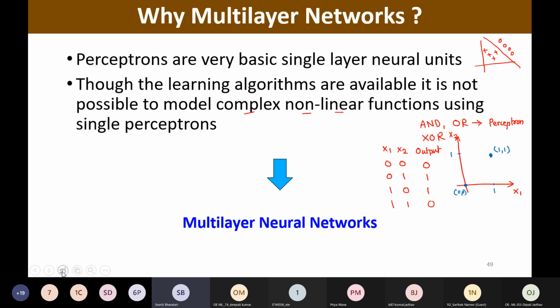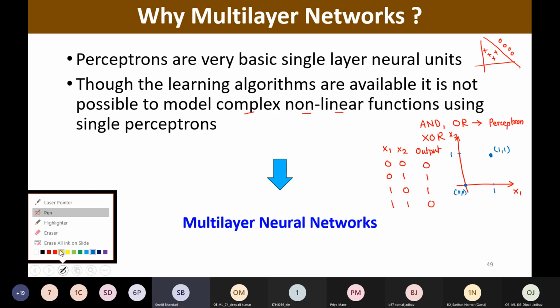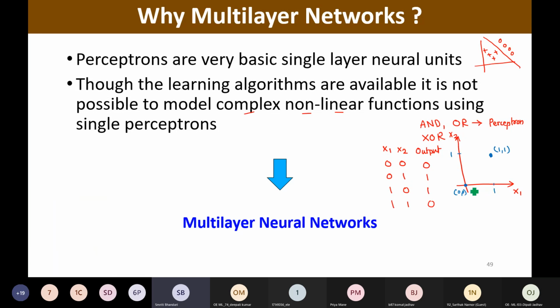And let us assume that 0, 1 is this point and 1, 0 is this point. So see here, 0, 0 and 1, 1, these blue points, belong to the negative class, class 0. And these 2 points, 0, 1 and 1, 0, belong to the positive class, class 1.